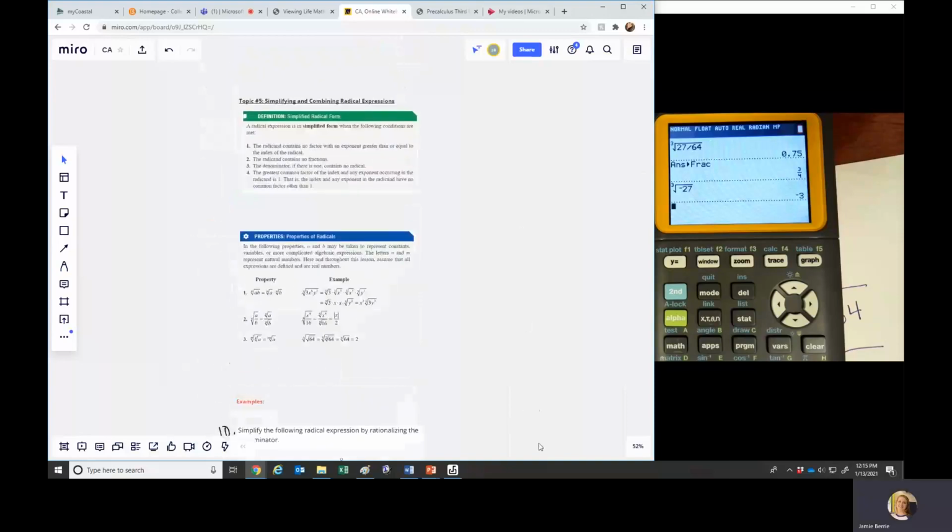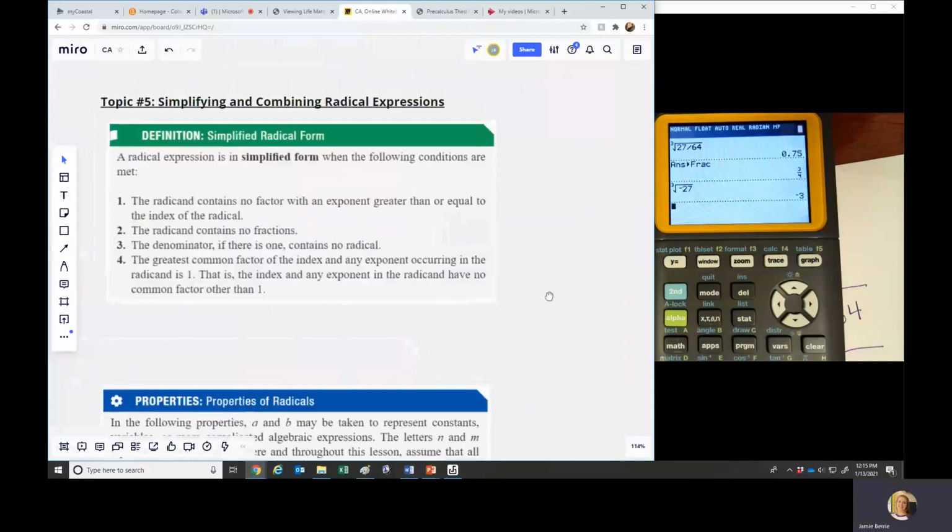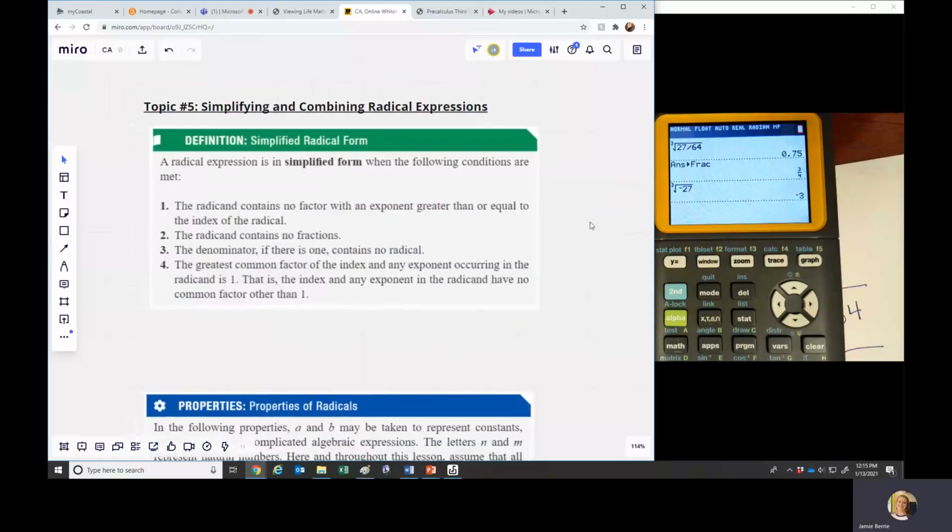Yeah. All right, so this last part, still about radical notation. The topic is specifically simplifying and combining radical expressions. It says a radical expression is in simplified form when the following conditions are met. The radicand, remember that's the number or expression inside of the radical, contains no factor with an exponent that's greater than or equal to the index.